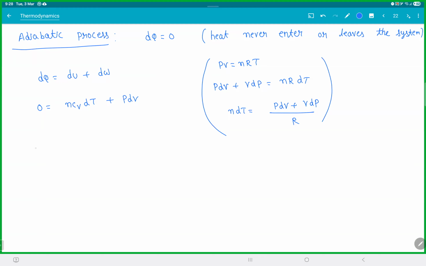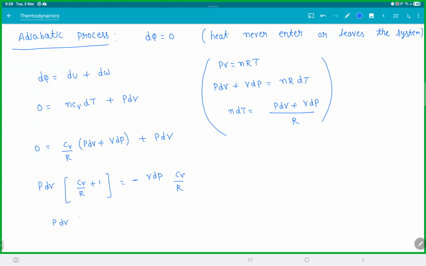So take this and substitute here, you end up with Cv by R times PdV plus VdP, plus PdV. Bring all PdV terms to one side. That will be Cv by R plus 1 for PdV, minus VdP Cv by R. But I know Cv plus R will become Cp there.